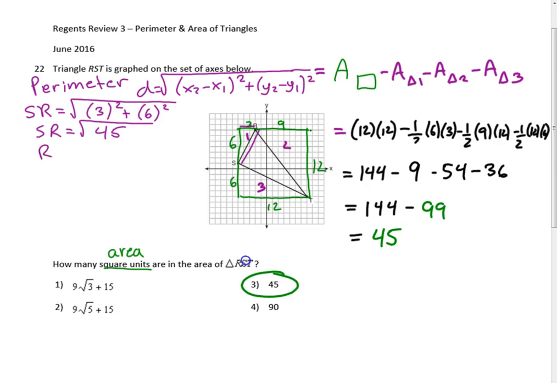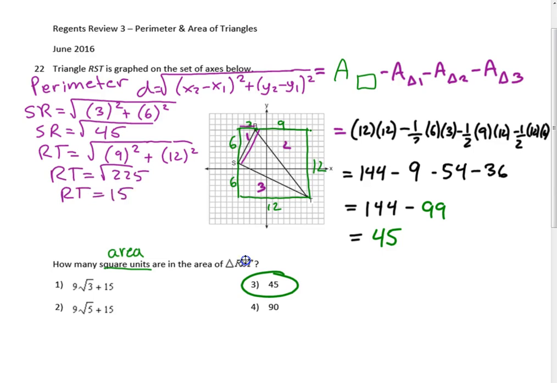Then if we did RT, following the same process, the x value is changing by 9, x2 minus x1. The y value is changing by 12. So we've got 9 squared, which is 81, and 12 squared, which is 144. And 81 plus 144 is 225. So RT is the square root of 225. That's a perfect square. That's 15.